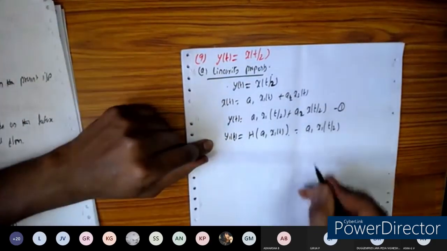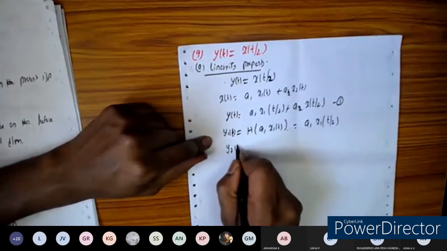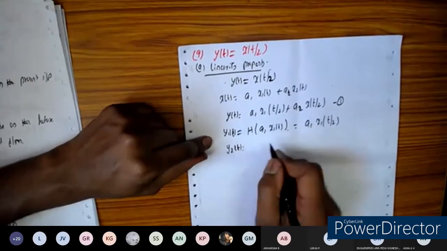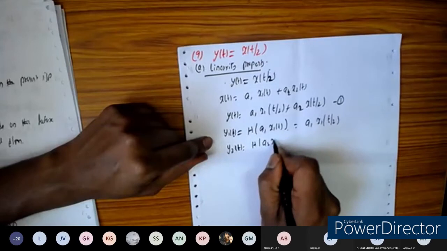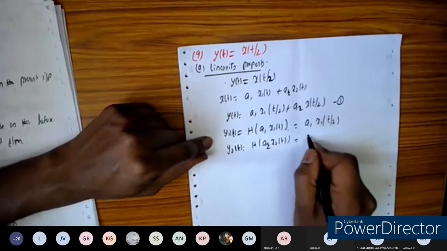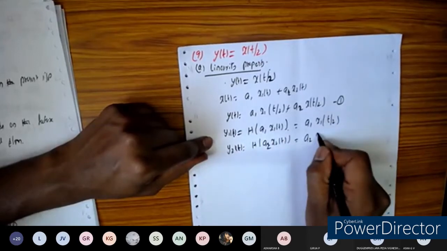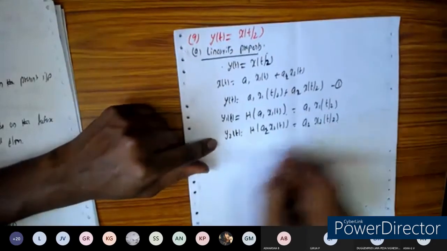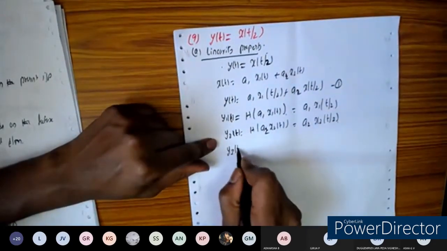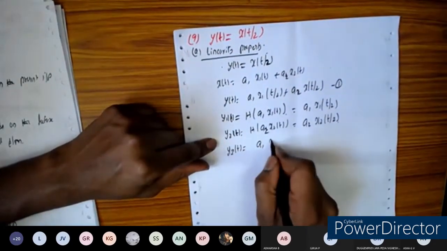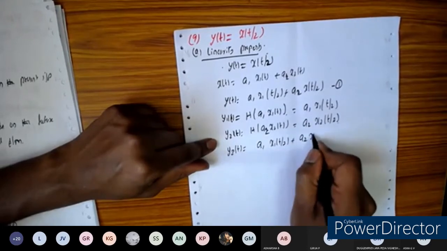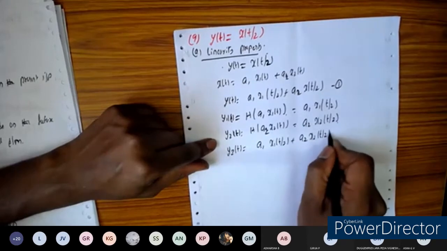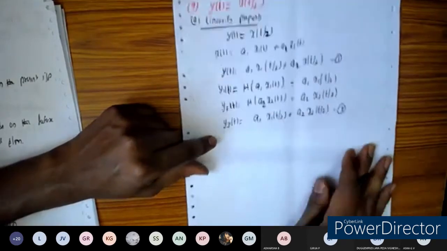Similarly, y2 of t is equal to h of a2 into x2 of t, so the output becomes a2 into x2 of t by 2. Combine this: y3 of t is equal to a1 into x1 of t by 2 plus a2 into x2 of t by 2. Call this equation number 2.